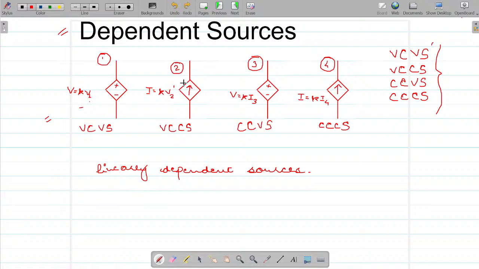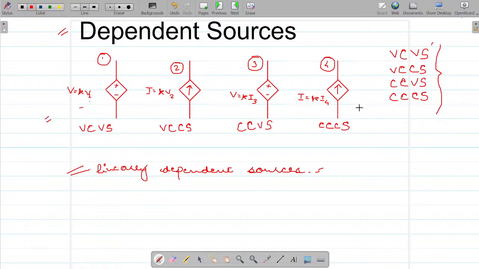So only then it would be linear. Otherwise, if it is twice, then it won't be a linear parameter, right? So generally they are linearly dependent sources. Maximum you'll find such sources in your questions. Okay?